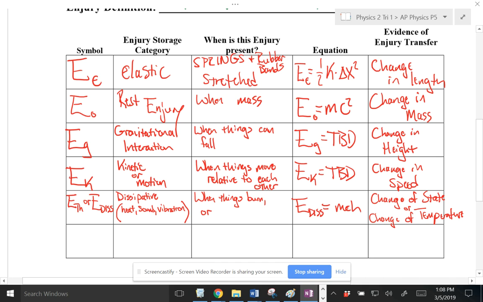It wouldn't violate conservation of energy for that thing to start moving and all of a sudden have some energy stored in its motion, provided the room got colder. Like, can you imagine how weird that would be if like the room just suddenly got really frosty and the chairs started to like slide around? It wouldn't violate conservation of energy. Okay, it would violate some other things, the laws of thermodynamics, which we'll discuss a little bit later.